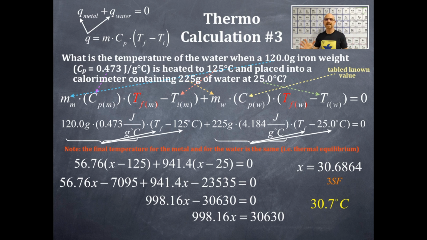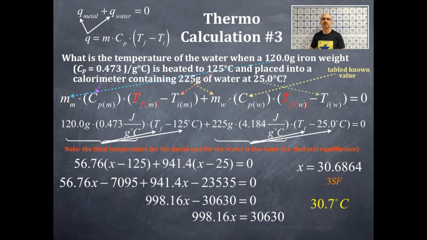Before you just keep on going and plug in these numbers randomly in your calculator, you need to be thinking about, does this number make sense? That's the other part that you need to be thinking about in chemistry. This is not just a math problem. It is a math problem with an application to it. The initial temperature of the metal was 125 degrees Celsius.